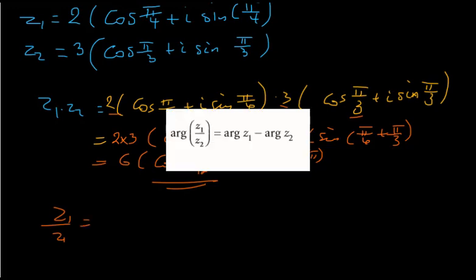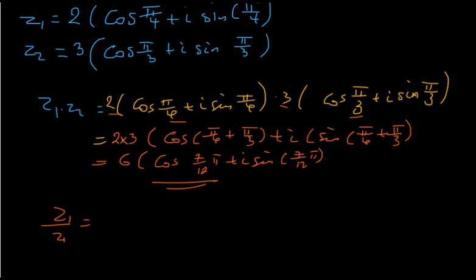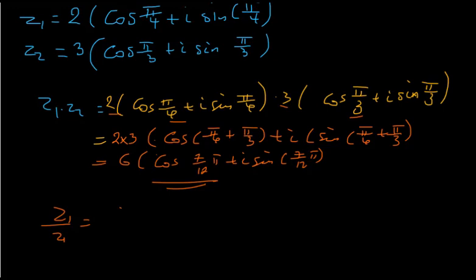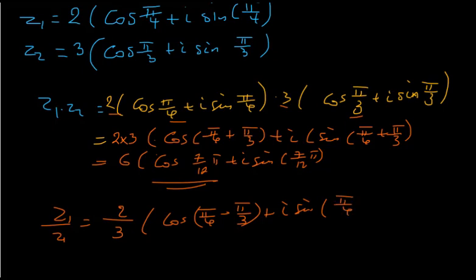The quotient of two complex numbers in polar form is the quotient of the moduli, the division of Z1 and Z2's moduli, and the difference of the arguments, which will be in terms of the angle. So this is the same as 2 over 3 into cosine of pi over 4 minus pi over 3 plus i sine of pi over 4 minus pi over 3.